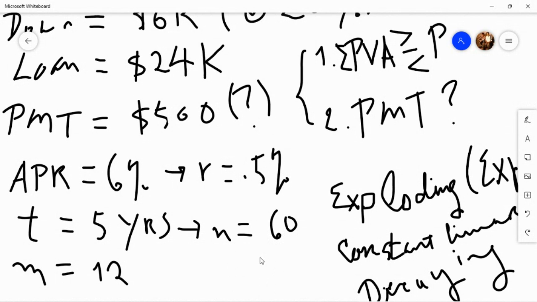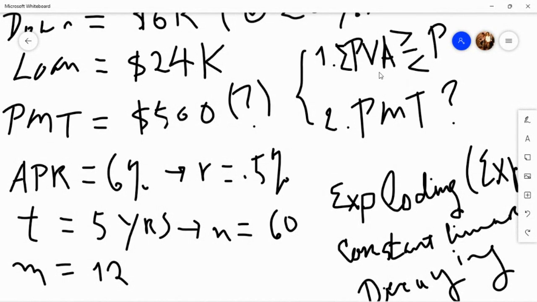And as the principal goes down, you cannot have the same interest every year, right? Makes sense? So here are two ways you can check whether that $500 payment is the correct one or not.